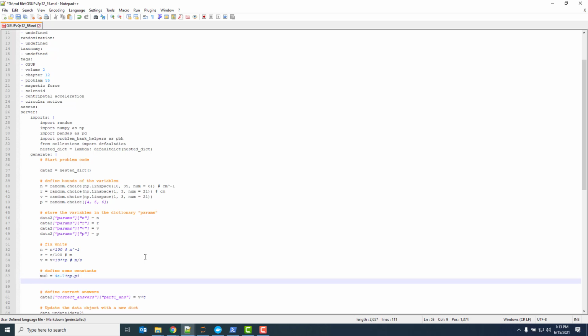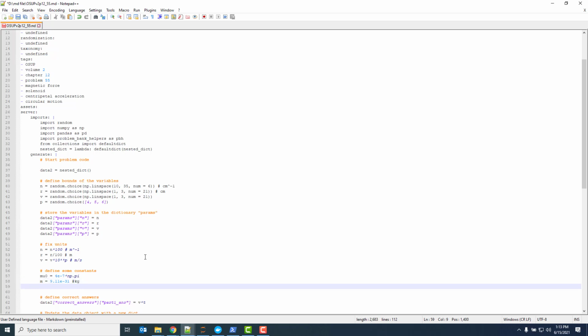I'm not going to put in the units because I don't remember what they are and I don't want to work them out right now. We'll also need the mass of the electron. It was 9.11 times 10 to the minus 31 in kilograms. And the charge of the electron, or the absolute value of the electron charge, is 1.6 times 10 to the minus 19 coulombs.